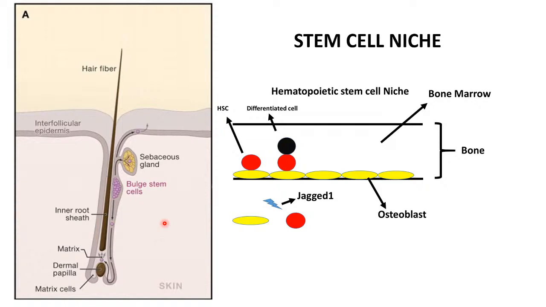Now, if I want to grow the bulge stem cells in my culture flask, what do I have to do? I have to learn the properties of this area, what kind of signaling molecules they have, what kind of growth factors they have. Now, after culturing bulge stem cells for some time, I want to convert them into sebaceous gland cells.